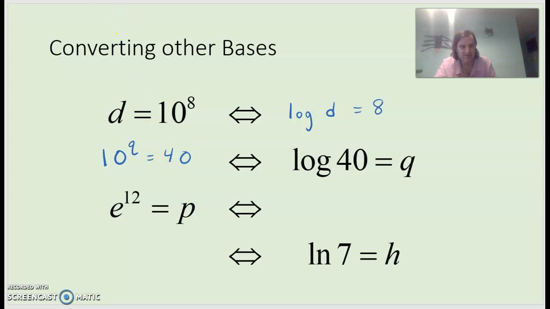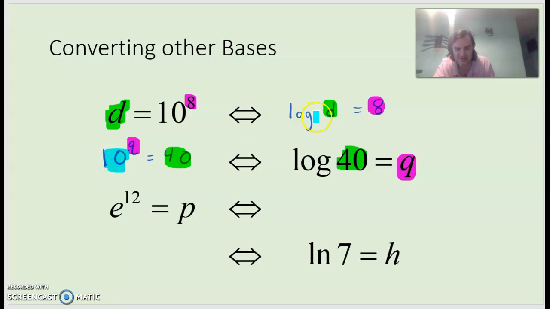If we need to go back to the color system, we know that the outputs are the arguments of the log. We'd know that the exponents end up on the side by themselves. And we would know that the bases, at least in these cases, didn't have to be written. They were understood to be base 10. Okay, in the other forms, the natural log that we're going to work with, e to the 12 equals p, so the base is e.